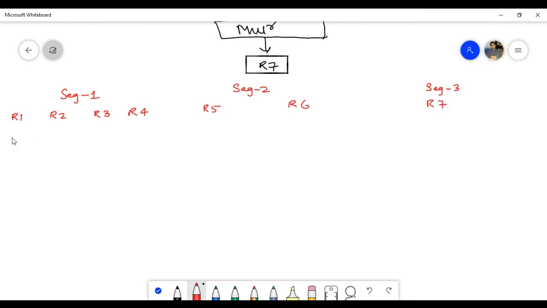So what is R1? R1 is A1, R2 is B1, R3 is C1, and R4 is D1.